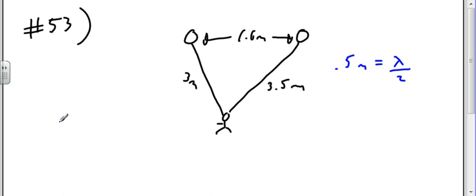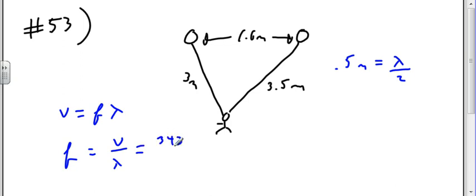And so frequency, V is equal to F lambda. So frequency is velocity divided by lambda, and we'll go 343, maybe, I don't know, 55. Doesn't say, oh, assume 70 degrees. Okay, that's good. So we got the right speed of velocity of sound divided by 1. So 343 hertz would be the lowest frequency for destructive interference.